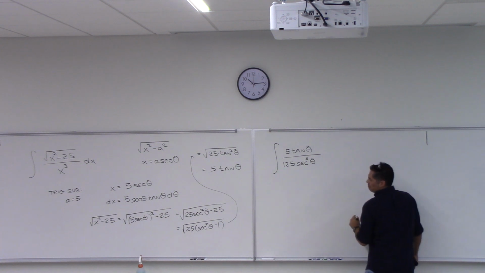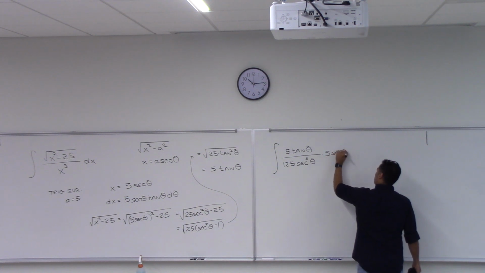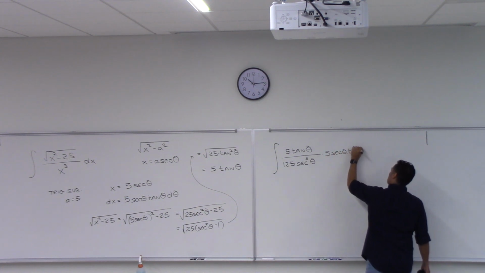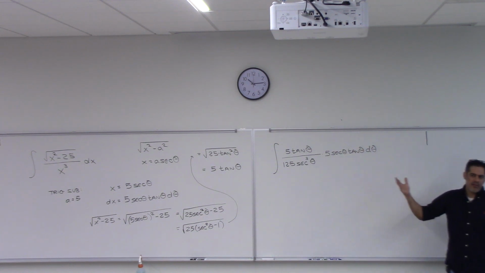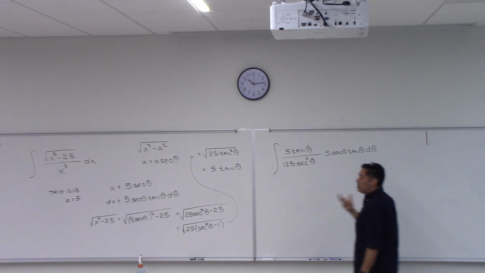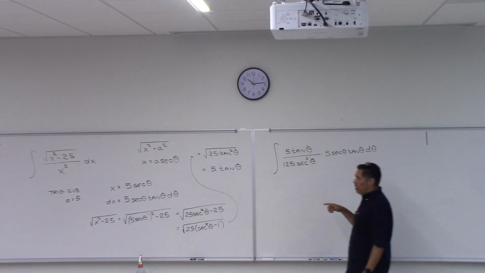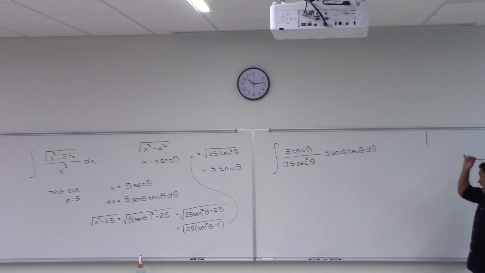And that's it? Now we need the dx. Don't forget the dx, times another 5, and then secant theta, tangent theta, d theta. That's why you have to have the d theta there, because if you don't, you're not using correct notation, and you're losing track of your variable, which may be a problem if you had to do substitution after this. Any questions up to that?